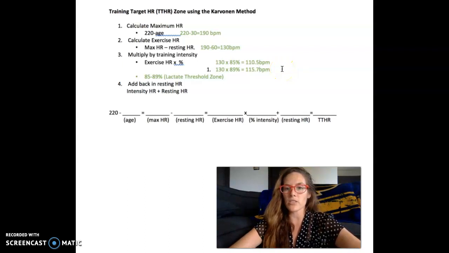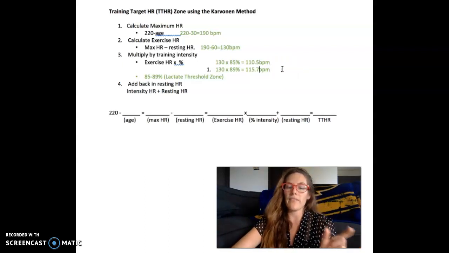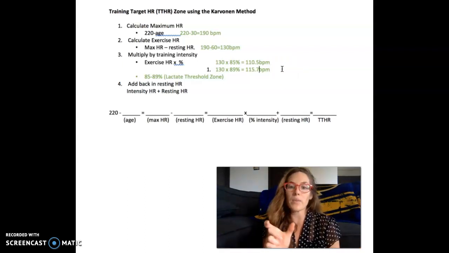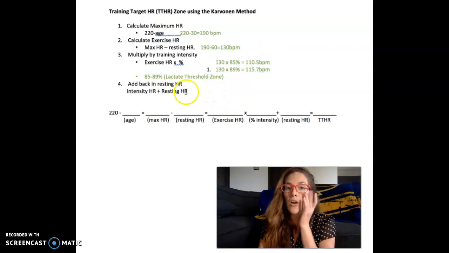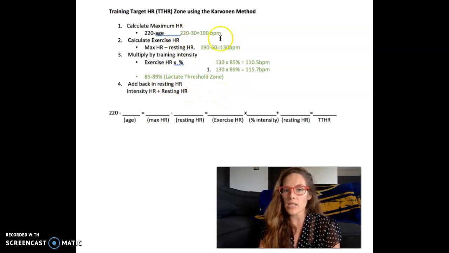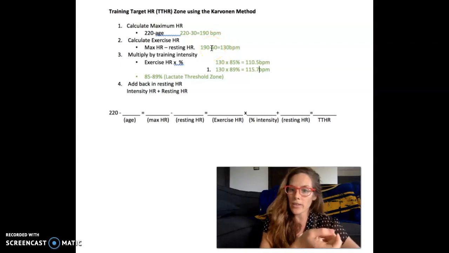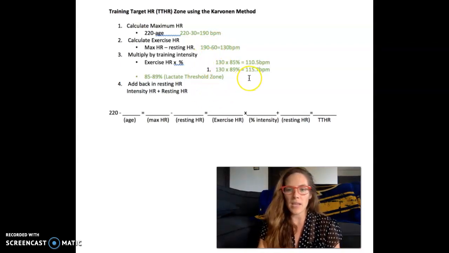So now we have an exercise heart rate at 85% and an exercise heart rate at 89%. Now we need to add back in our resting heart rate, that original 60 beats per minute that I calculated by measuring for a full minute. We need to add that back in because that is part of our regular heart rate.